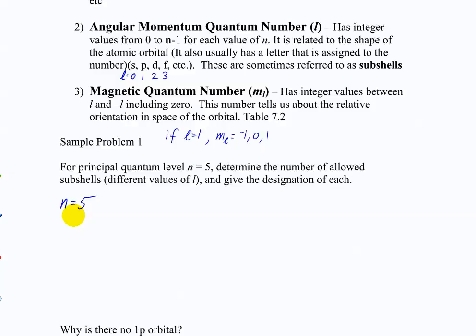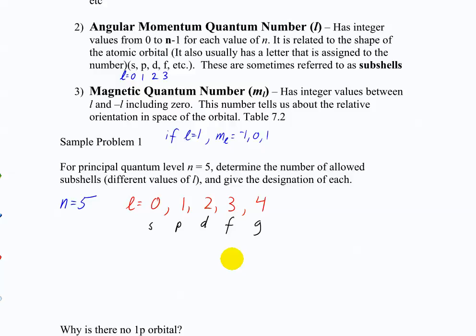So if n equals 5, then L can either be 0, 1, 2, 3, and 4. Okay. And we can name these. 0 is known as an s orbital, 1 is known as a p, 2 a d, 3 an f, and 4 a g. Which means the n equals 5 shell contains s orbitals, p orbitals, d orbitals, f orbitals, and g orbitals.